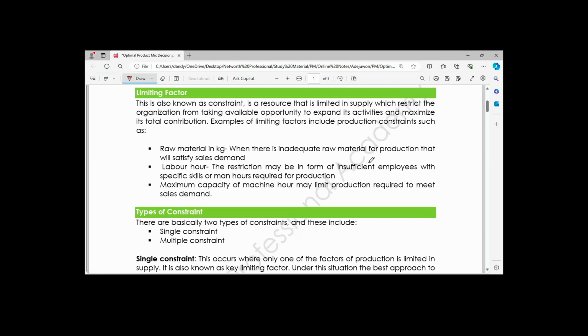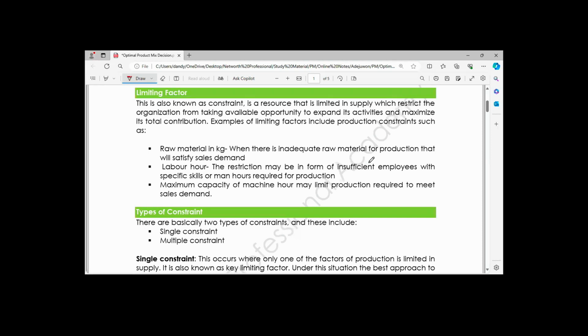But the second one, which is multiple constraint, arises when more than one factor of production is limited in supply. So when there are multiple constraints, we use linear programming to allocate the limited scarce resources.